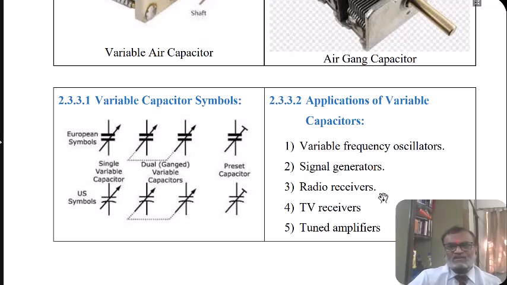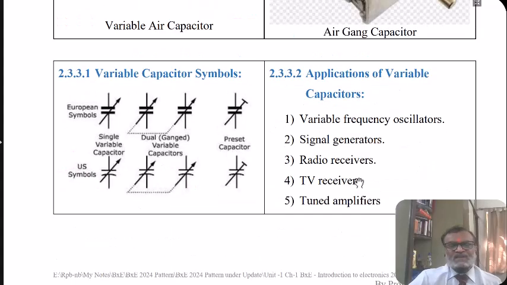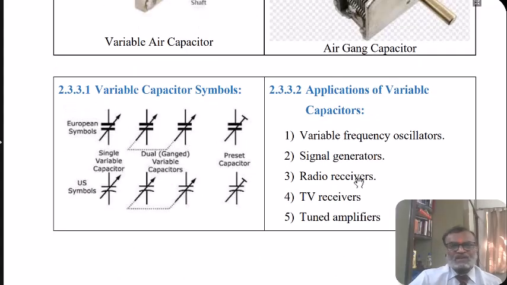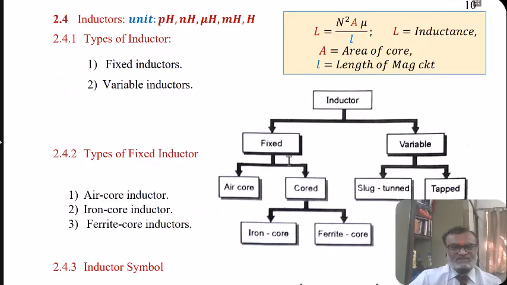They are also found in TV receivers to tune the TV channels, and in tuned amplifiers. Nowadays, these variable condensers are replaced by an electronic arrangement so that you can tune TV receivers and radio receivers from the remote control device itself. They mostly use voltage controlled variable capacitances.